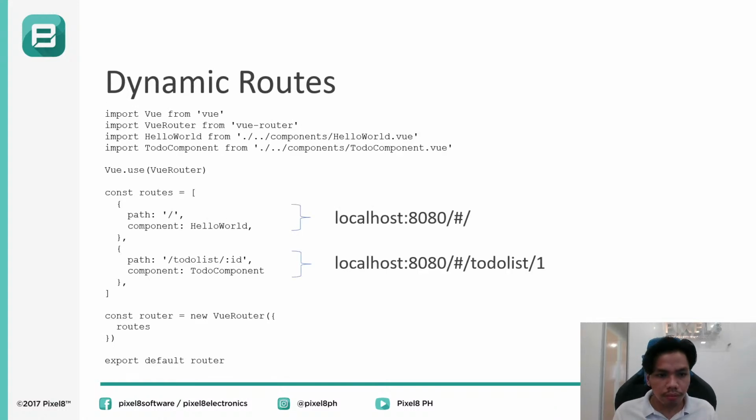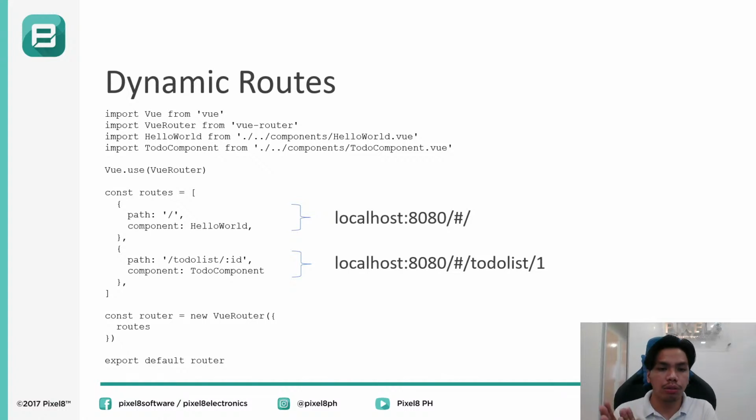As you can see here, if we take the previous example, you will see that our to-do list has improved a bit. You will notice that there is an ID parameter attached to the path itself. Meaning, if you use this specific URL, the to-do list, slash, and you append a number to it, or any number for that matter, that number is considered a parameter.